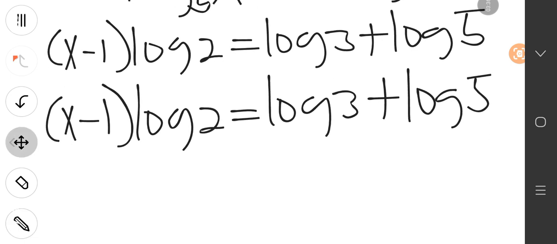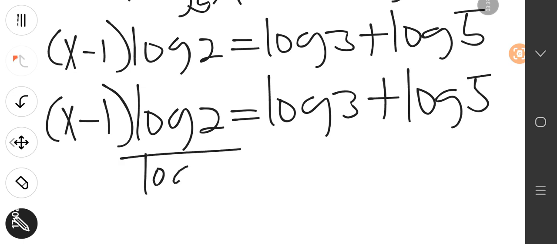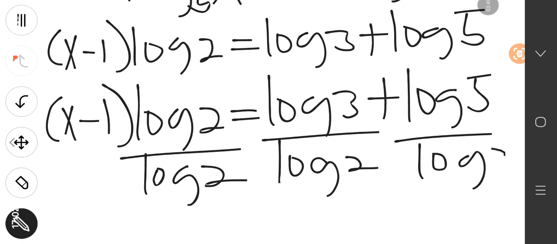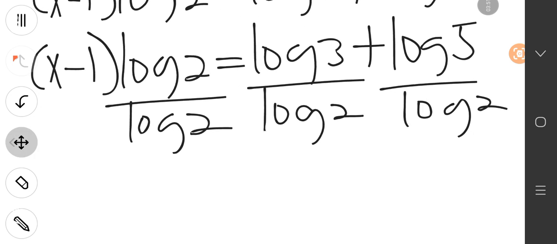So let's divide here by log 2, here by log 2. We know that anything over itself is 1, so log 2 over log 2 is 1.